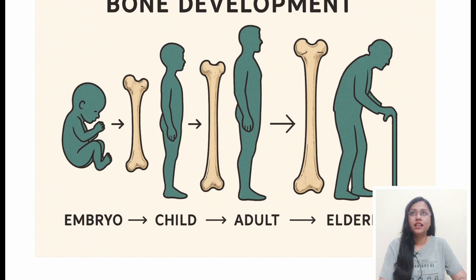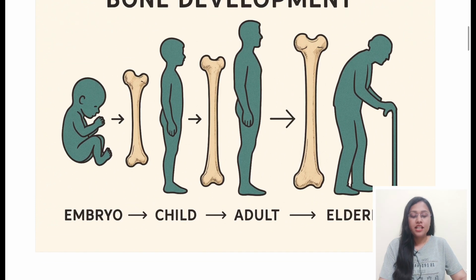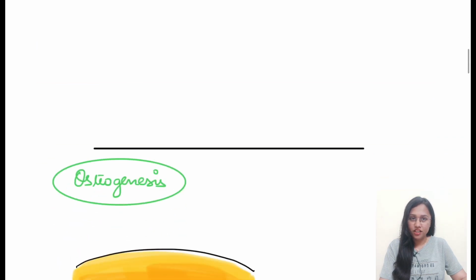It is not like once the bone is formed, it stops forming. This photo describes the same thing: when you are in intrauterine life, a child, an adult, or even elderly, the bone formation continues in the form of remodeling.